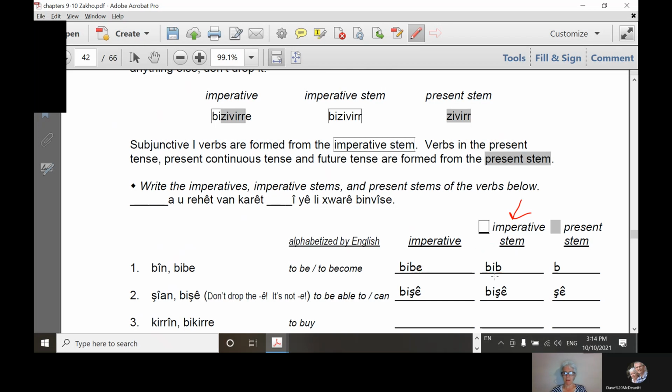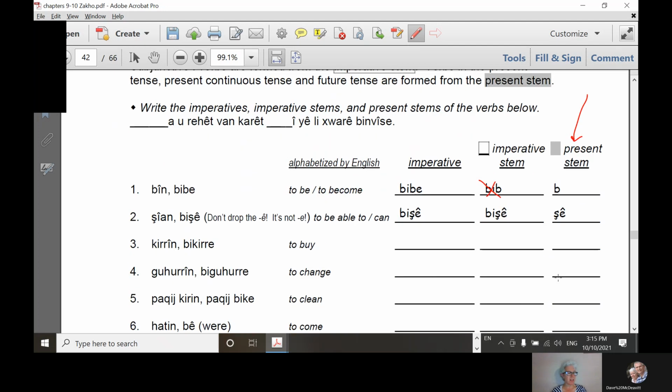Then come back, and then you can work on your present stem, which is formed by taking the imperative stem and dropping the bi or the b at the front. And that becomes your present stem. And it's not anything to pronounce. It's just a stem. It's not a word all by itself. From that stem, we're going to plug it into our verb formulas, which includes sometimes something on the front and sometimes something on the back.